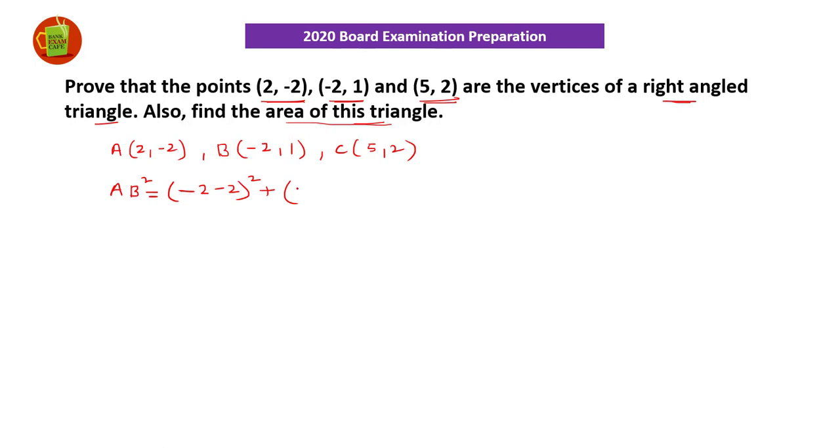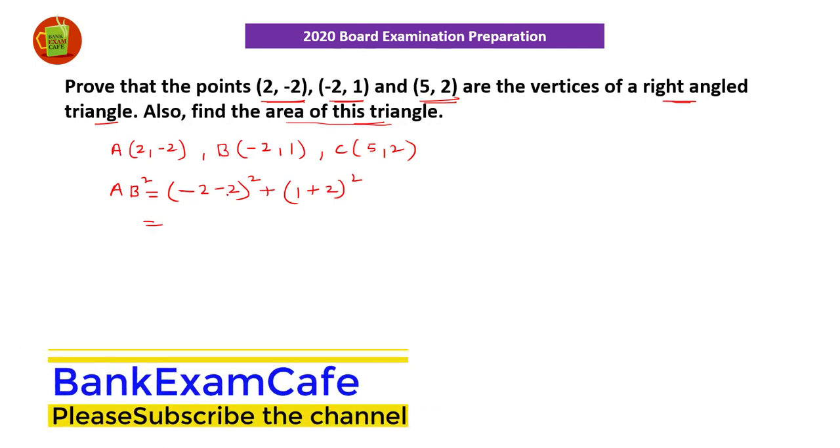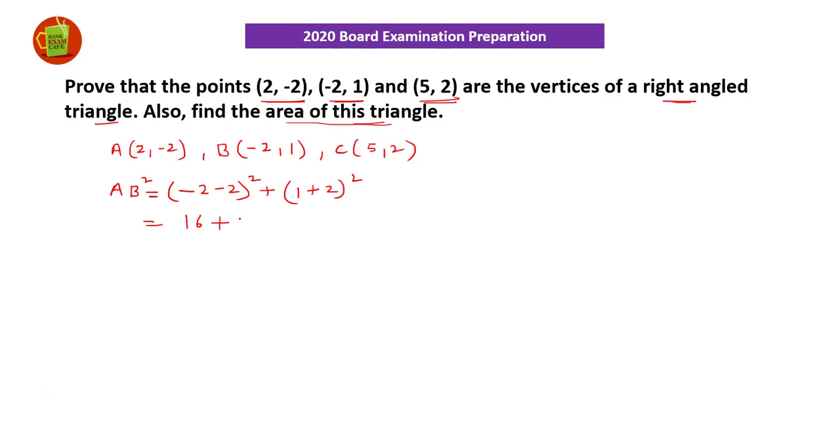So 1 minus (-2), that will be plus 2, bracket square. So which is equal to -2 and -2 will be -4, its square will be 16, plus 1 plus 2 will be 3, and its square will be 9, and therefore AB square is equal to 25.